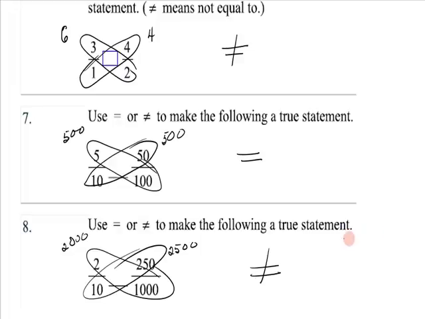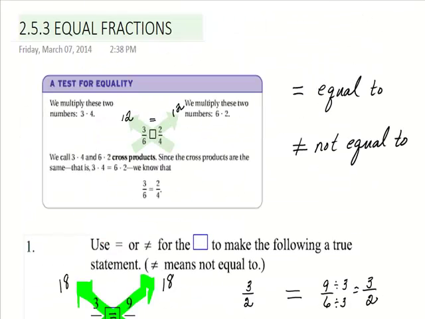And if you needed to, you could have gone off to the side and had 250 times 10 and done the formal multiplication. I used some shortcuts. All right, so two fractions are equivalent if the cross products are the same. All right, so hopefully you'll have no trouble with that lesson.